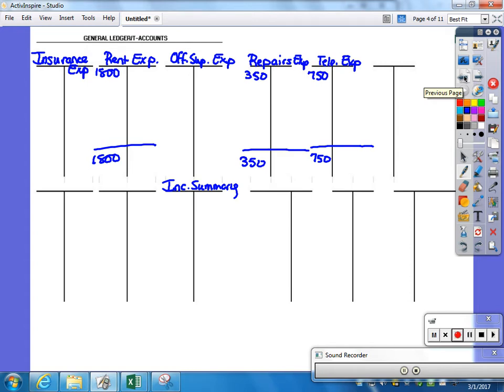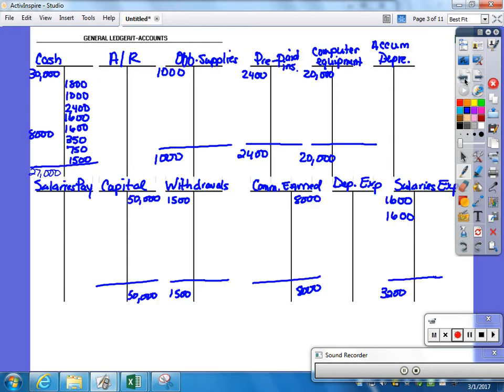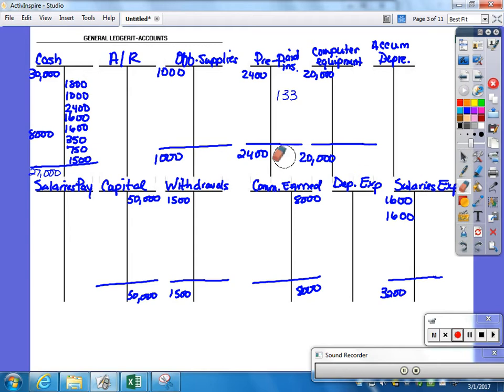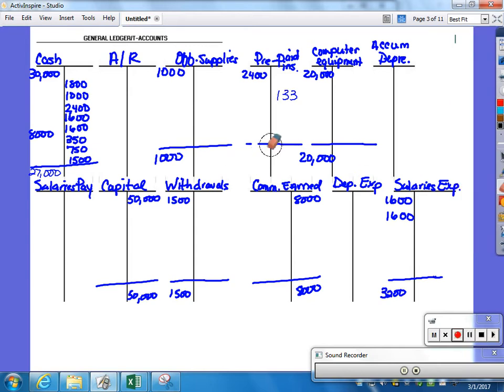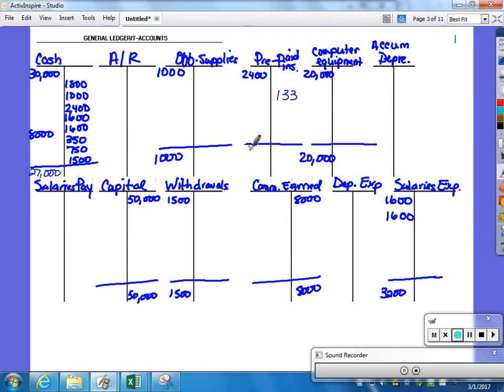Now we have a debit of 133, which makes the balance 133. And then we need to go back to prepaid insurance because now it decreases by 133, which means the new balance is what? Decreases by 133. 2,277.